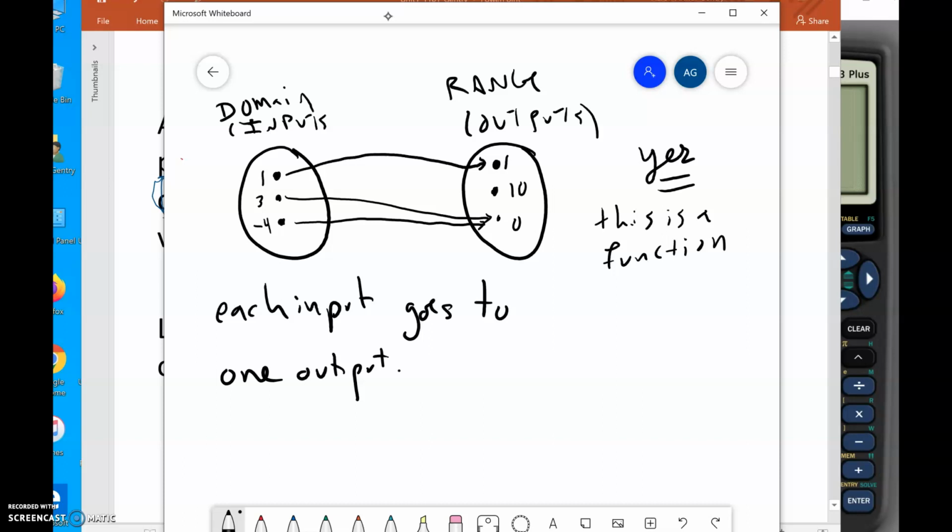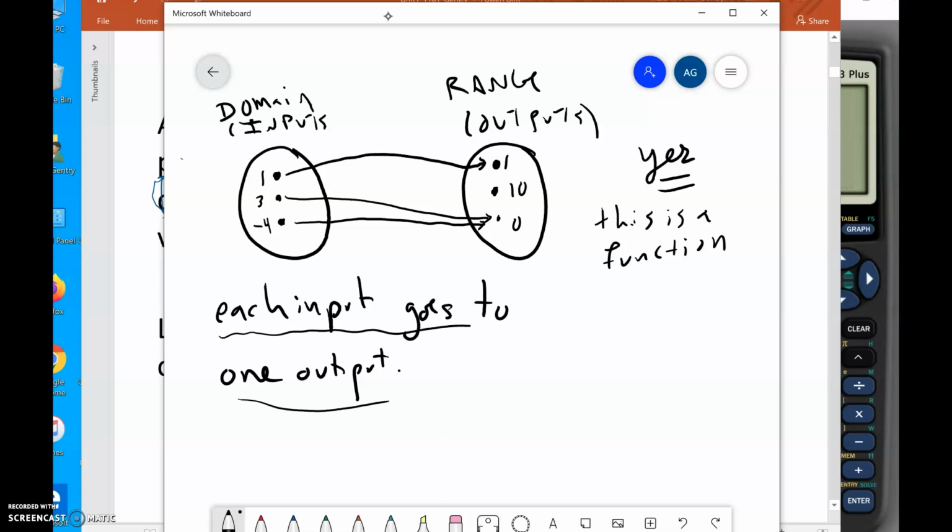So you might wonder, okay, well, what about 1? Well, it looks like it goes to itself. That's fine. 3 and -4 both go to the same number, but that's okay because if you look at this definition, it says each input needs to go to one output. So we're not violating anything with this arrangement. Okay, so this is fine.